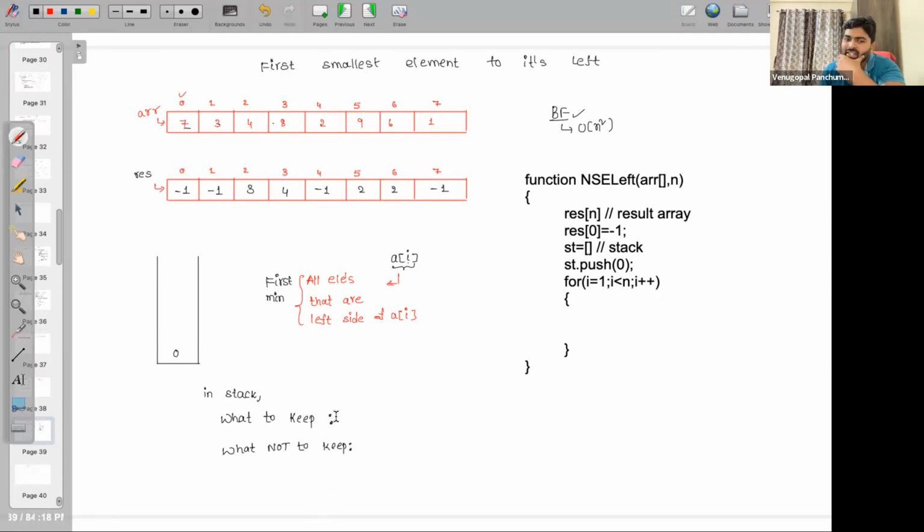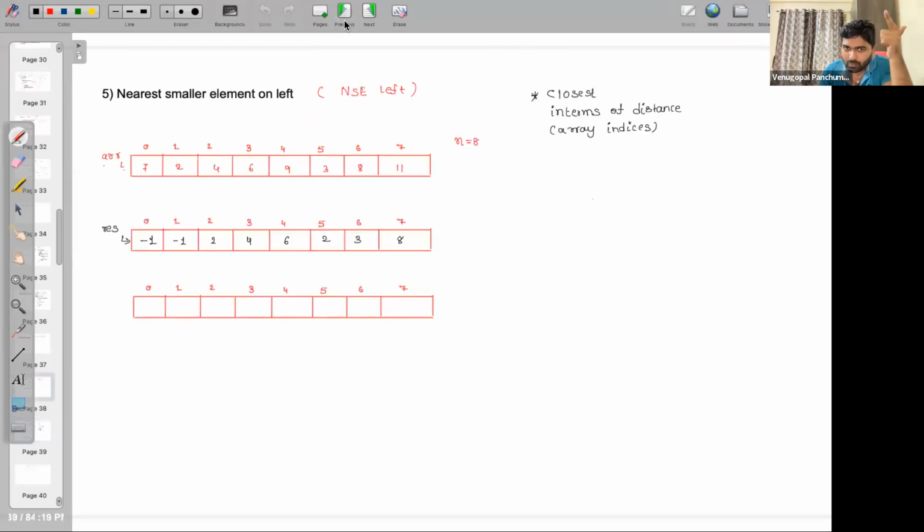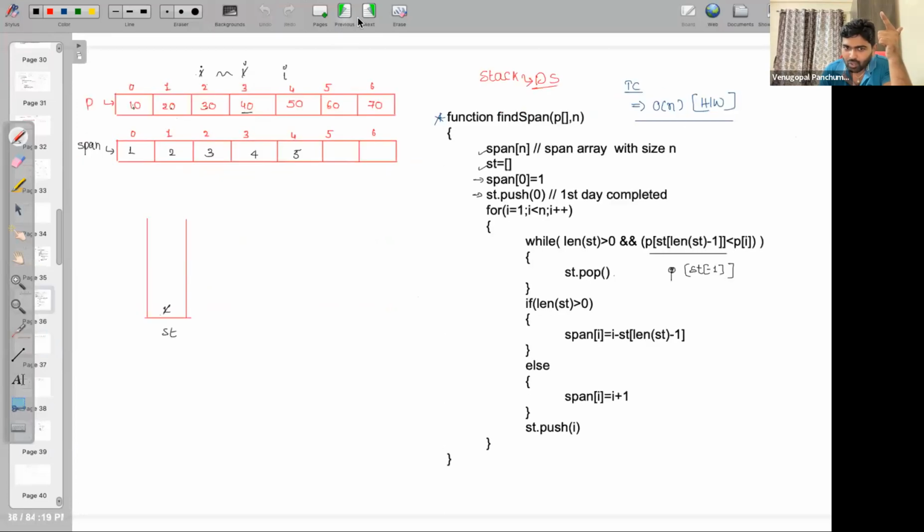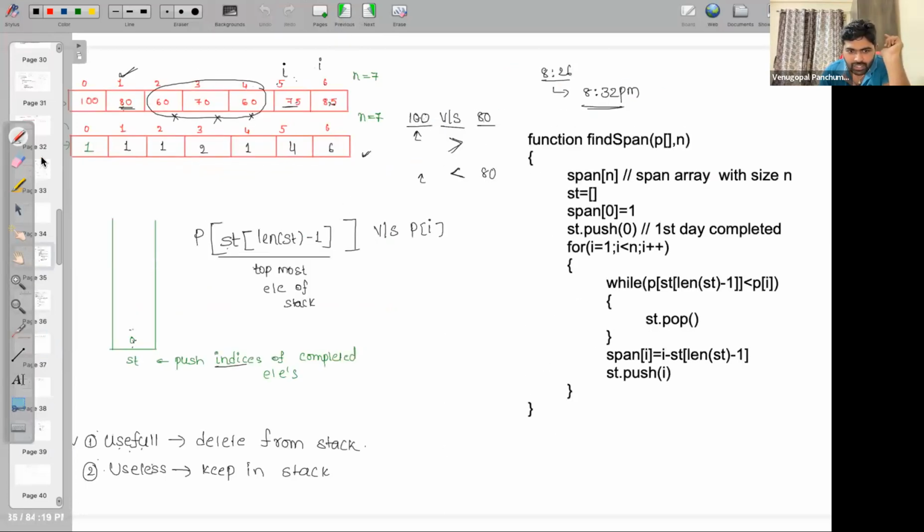Useful data, useless data. In the earlier problem, let me go back to the stock span problem. Here, what is useful data? Useful data means what they're asking in the question: all the values to its left side that are smaller than or equal to. But we are not keeping that value inside the stack.